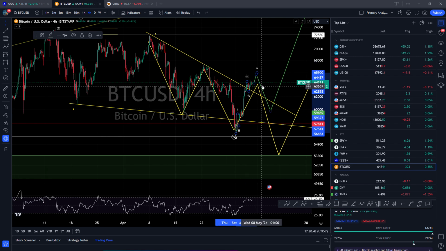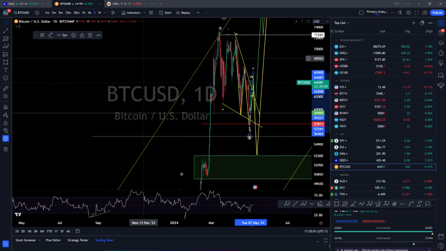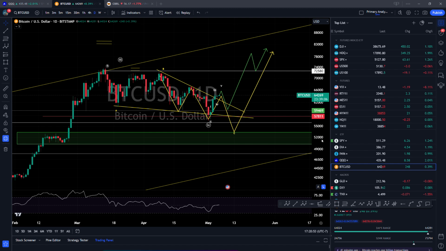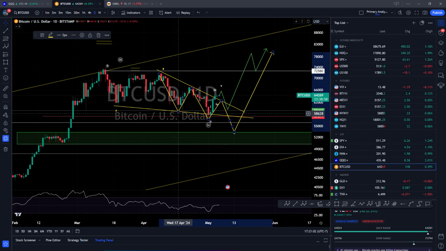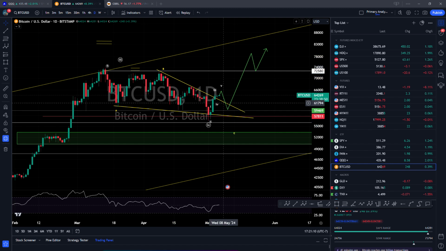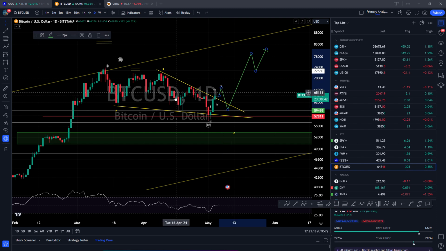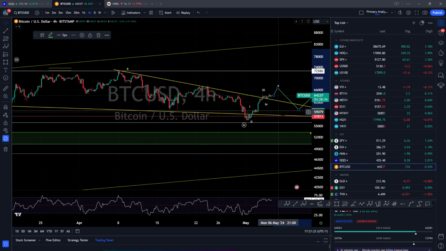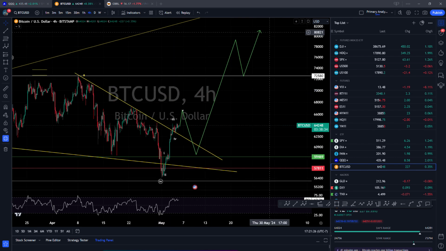But if this is the wave one for the five waves that we are looking at, then Bitcoin is starting actually a bullish sequence here, right? I was expecting initially that we will have an ending diagonal here where we'll have 1, 2, 3, 4, 5, but this is now getting close to invalidating that idea, because if this goes up here, which is where it will close the wave 5 somewhere around 66, 67, then the wave 4 idea is totally out of the picture, and we are looking at this as wave 1 of the next wave, right?